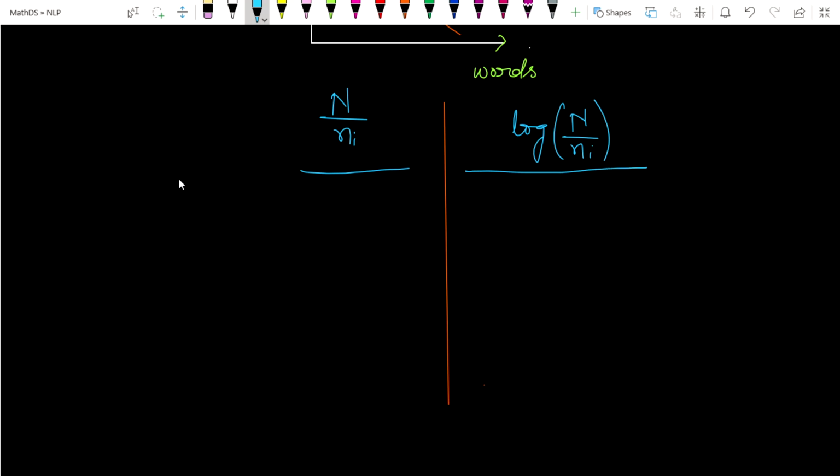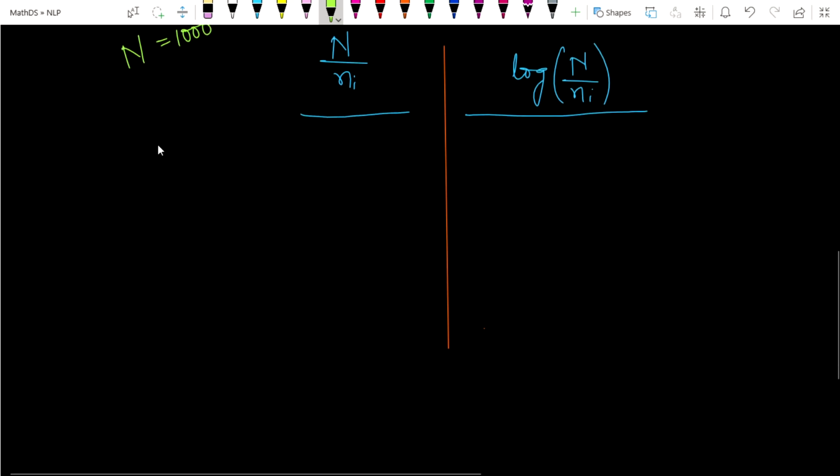Suppose here capital N is the number of documents in our whole corpus. Let capital N equal 1000. And small n_i depends on the word. If small n_i is for a word like 'the' or 'a', then capital N by small n_i is approximately equal to 1.